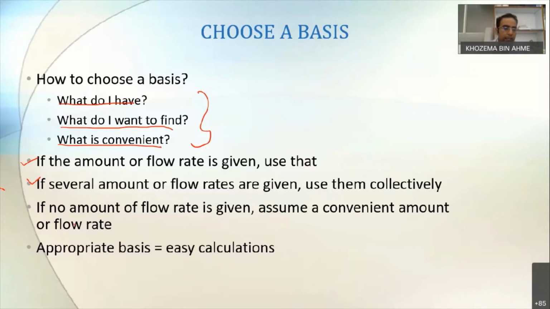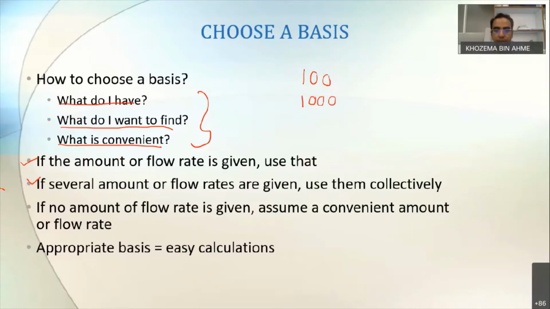If no amount of flow rate is given, assume a convenient amount of flow rate. If the question did not give you any value to start with, you can assume your own value. Usually I would suggest that you assume a value of either 100 or 1000, depending on your question.